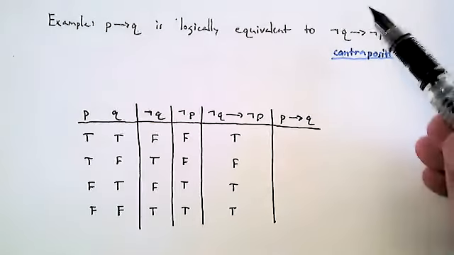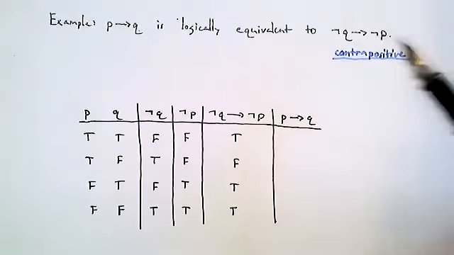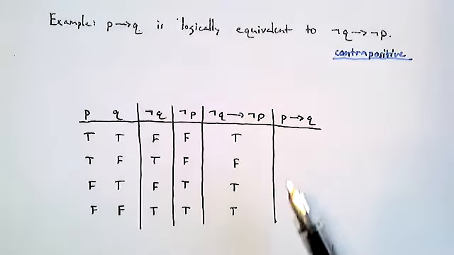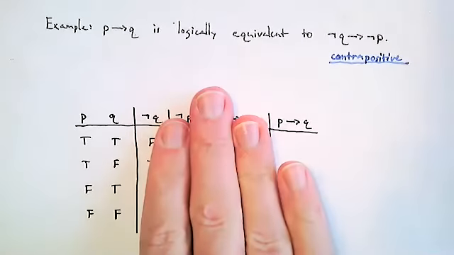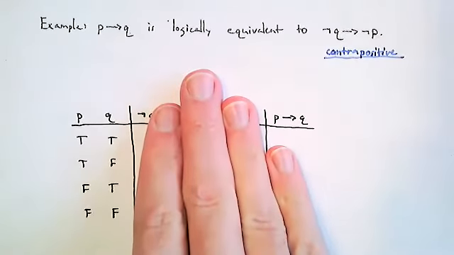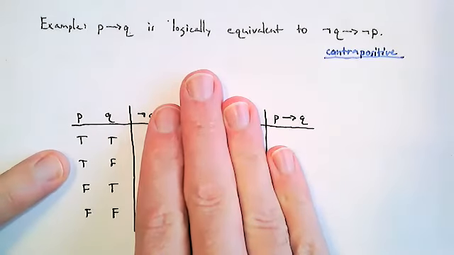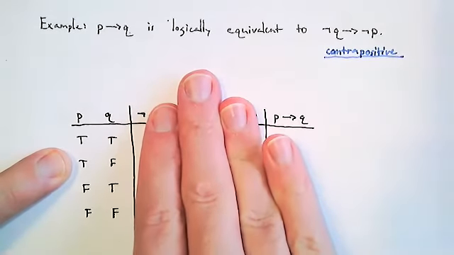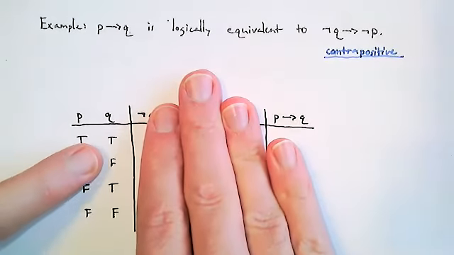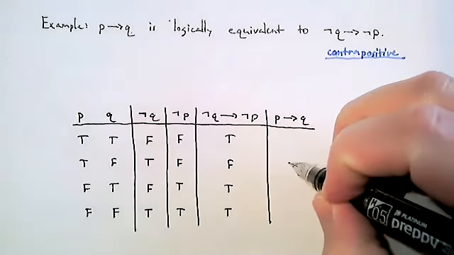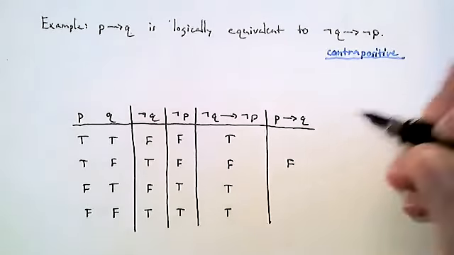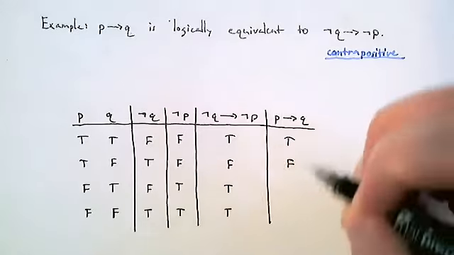So that completes this part. And next we'll fill in the regular old conditional by returning to the simple statements. And again, this is false when the left side P is true and the right side Q is false. So fill in your false there, and everywhere else is true.